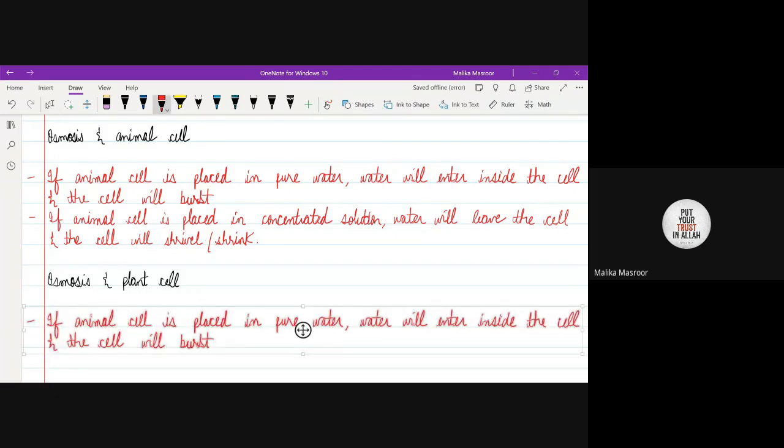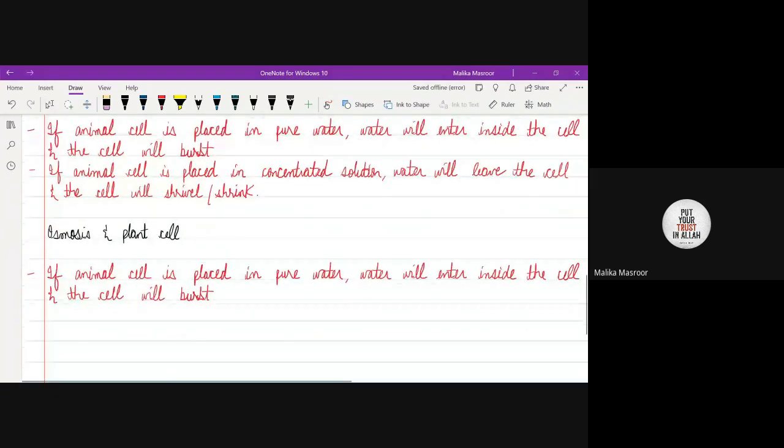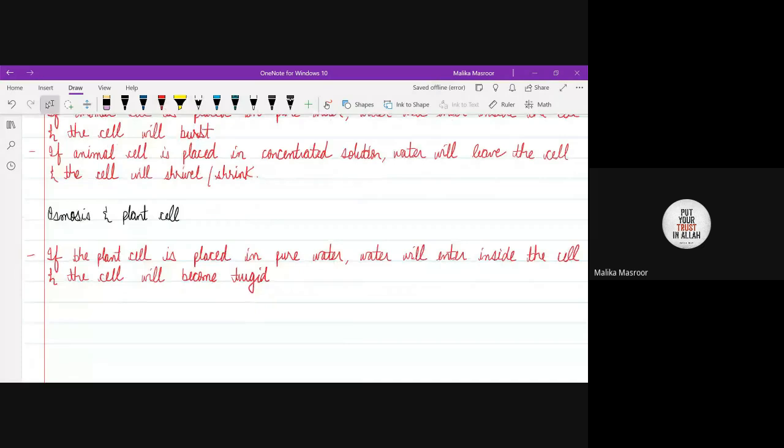If the plant cell is in pure water, the cell will become turgid. Turgid is normal. It's not something abnormal. Turgid means it is proper. Turgor pressure is being applied. Turgor pressure is basically the pressure of the contents of the cell that they apply when water enters it.